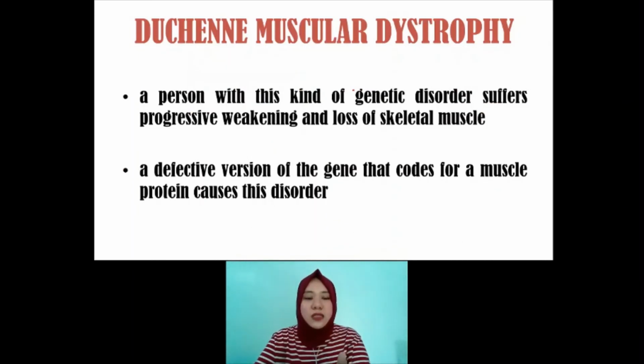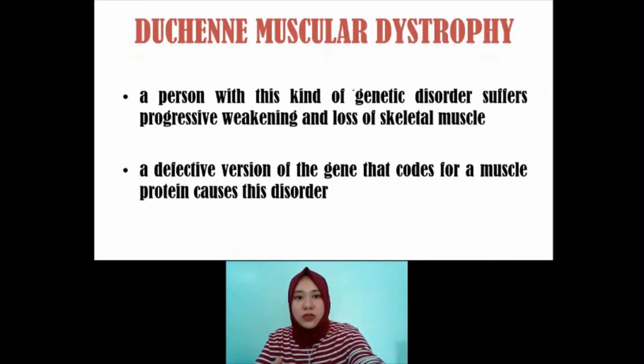Okay, the last one is Duchenne muscular dystrophy. It's a type of muscular dystrophy. There are many of them, guys. I think Pompe's disease is one example, but Duchenne muscular dystrophy is one of the most common. A person with this kind of genetic disorder suffers progressive weakening and loss of skeletal muscle. A defective version of the gene that codes for a muscle protein causes this disorder.